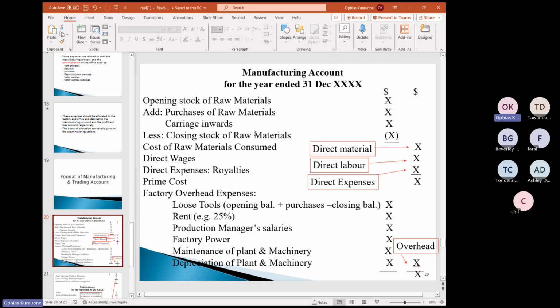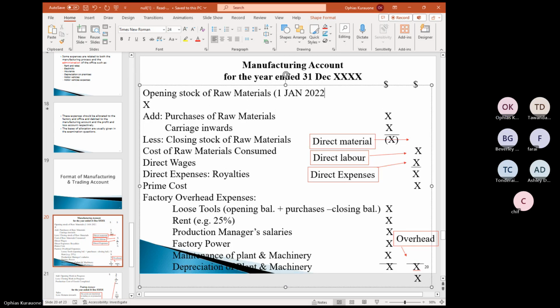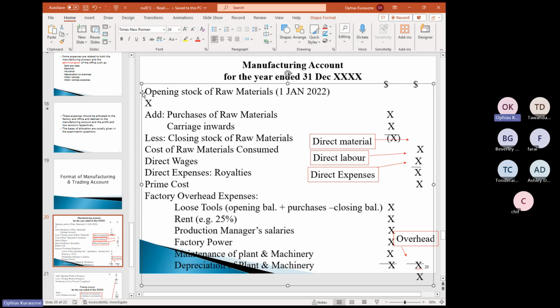Let's say this one is 1 January 2022, and the closing stock of raw materials becomes here.